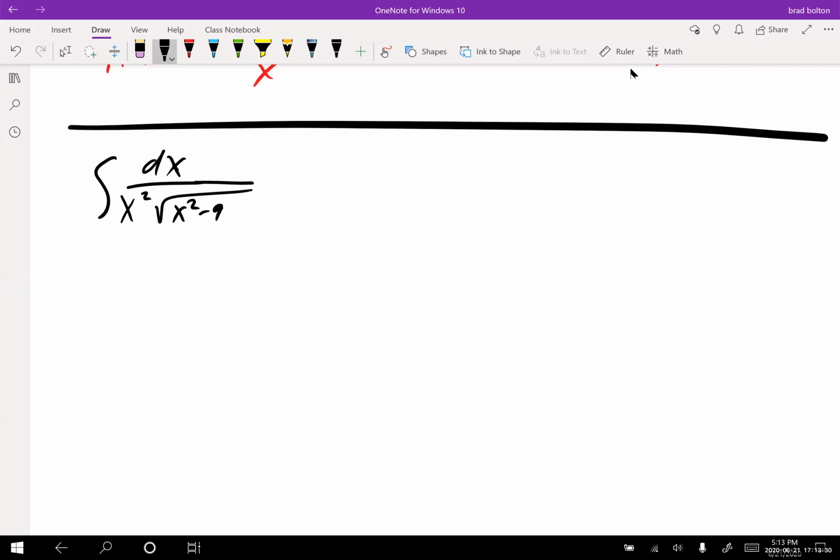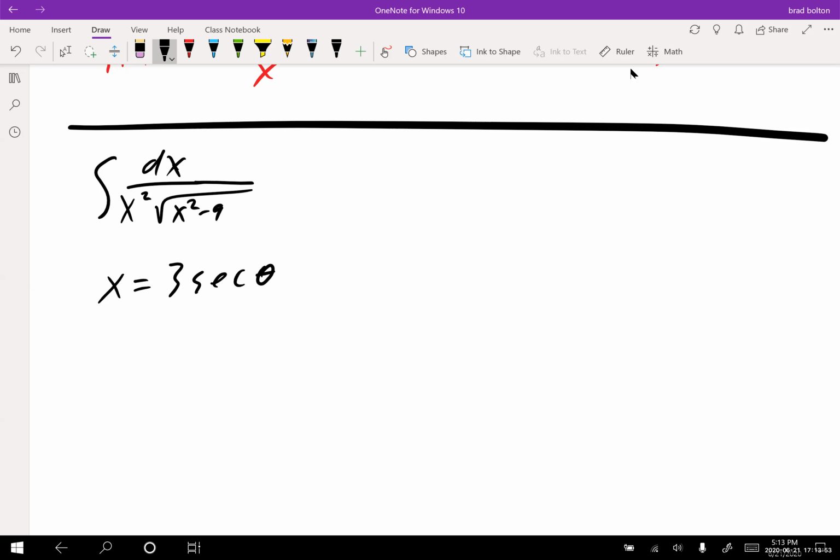So we have dx over x squared times the square root of x squared minus 9, and we want to integrate this. You guys are going to have to trust me on this real quick. I'm going to make a substitution. I'm going to say that x equals 3 secant theta, okay?